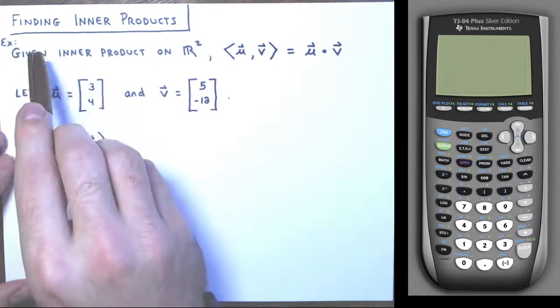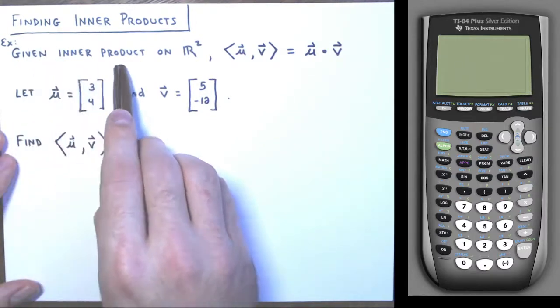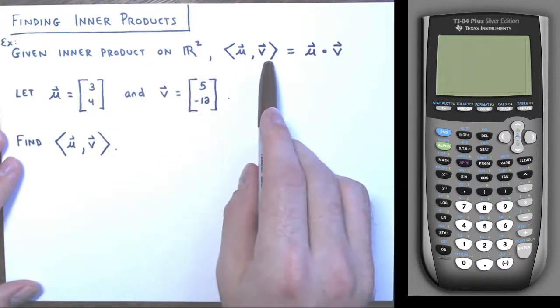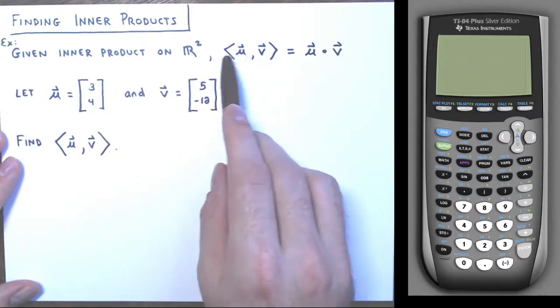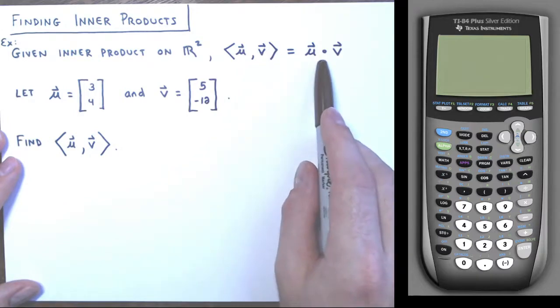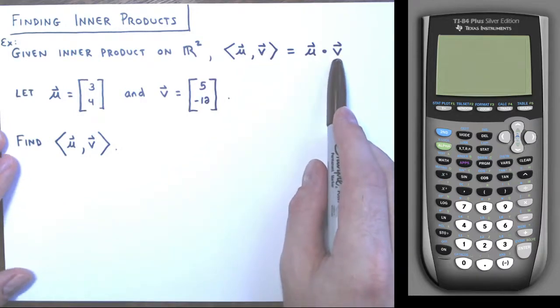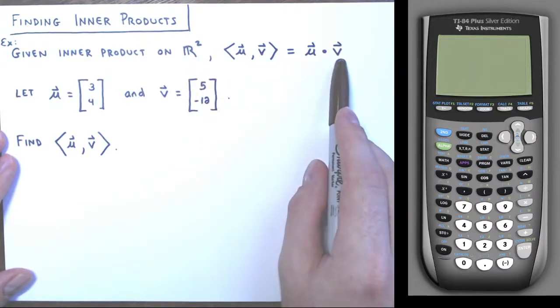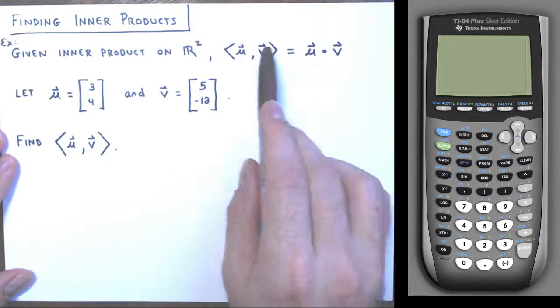Okay, so first example. Say I'm given an inner product on R2, where the inner product of vectors u and v from R2 is just the dot product. And remember, the dot product on a Euclidean space, you could also call this the standard inner product, or the Euclidean inner product, on R2.